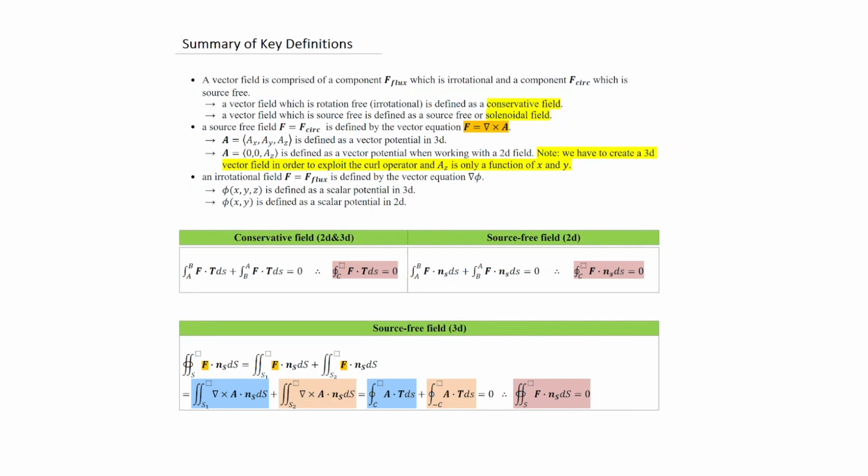And so the last thing to do is to summarize all the different cases that we considered. If we have a conservative field, which is irrotational, for either the 2D or 3D case, then we have these 2 expressions.